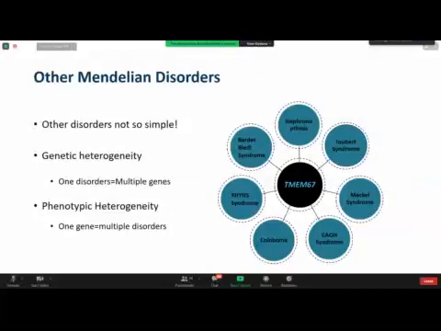So again, it's a both-way process. Going from phenotype to genotype, or when you have the genotype and then you go back and check whether your diagnosis of the phenotype was right or it's a different syndrome, right?